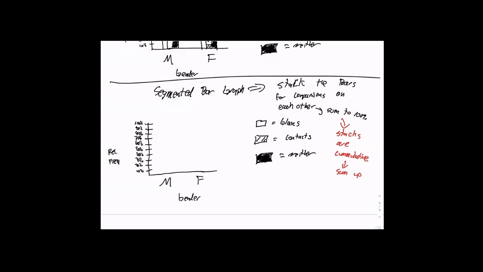For glasses, what percent for males wear glasses? 50%. All right. The next stack was 0. So do I have to add anything for 0%? If I put 0% on it, there's nowhere to go, right? I'm still at 50%. Now I'm going to stack the last one, which is another 50%.